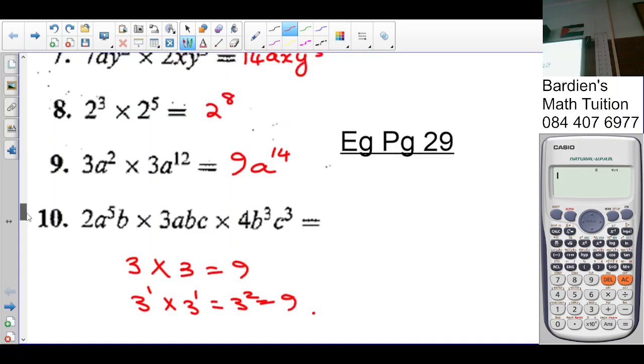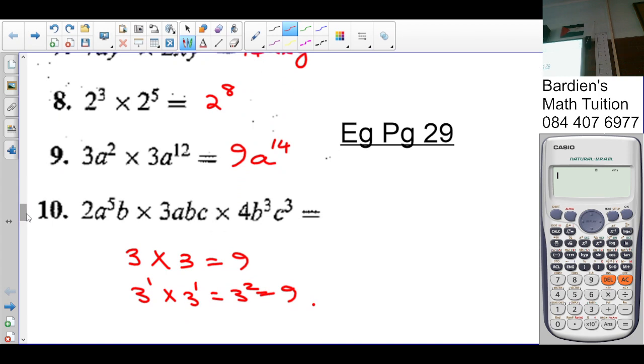But if you now compare to the previous sum, 2 to the 8 is 256. Here you could have also said 2 cubed times 2 to the 5.